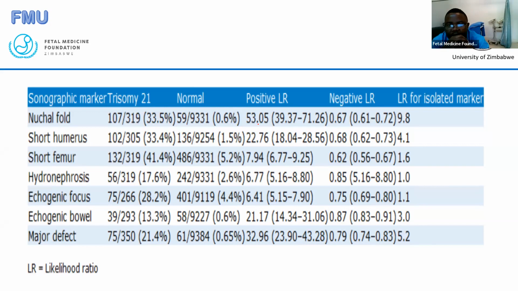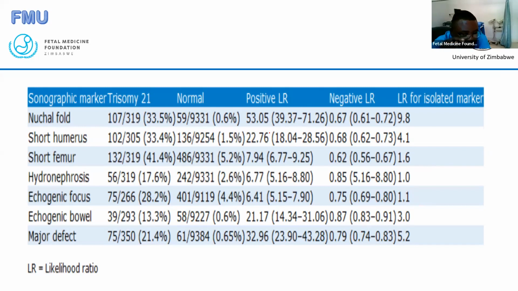So the positive likelihood ratio is 53 for having an increased nuchal fold. Then we go on to say, of having trisomy 21. But the soft markers are not interpreted in isolation when you are doing an anomaly scan.